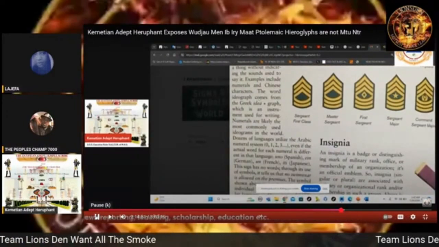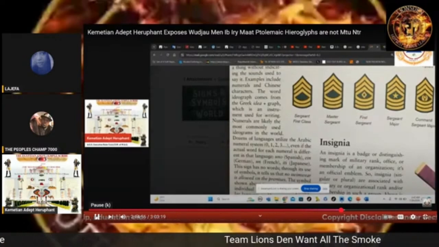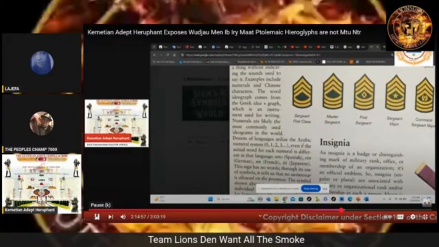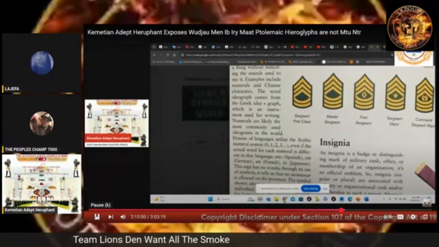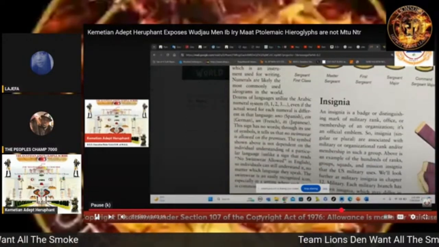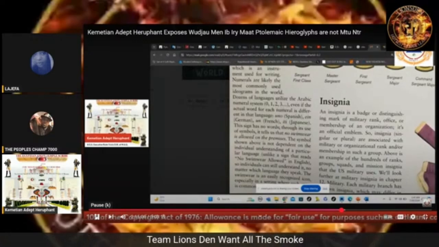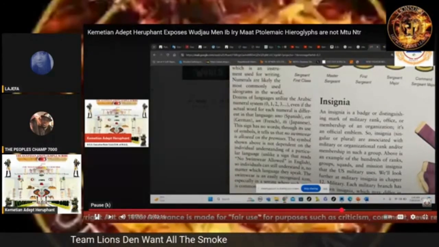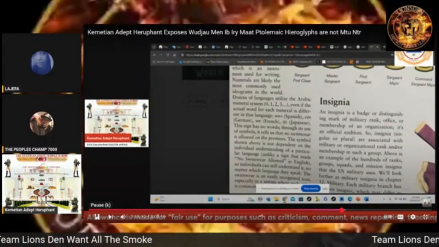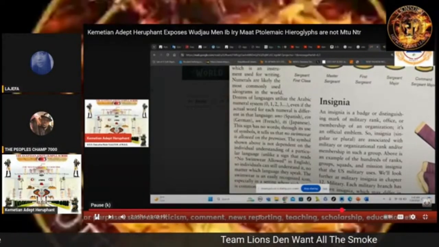The word ideograph comes from the Greek idea and graph, which is an instrument used for writing. Numerals are likely the most commonly used ideograms in the world. Dozens of languages utilize the Arabic number system of 0 to 9, even if the actual word for each numeral is different in German, French, Japanese. This sign has no words.